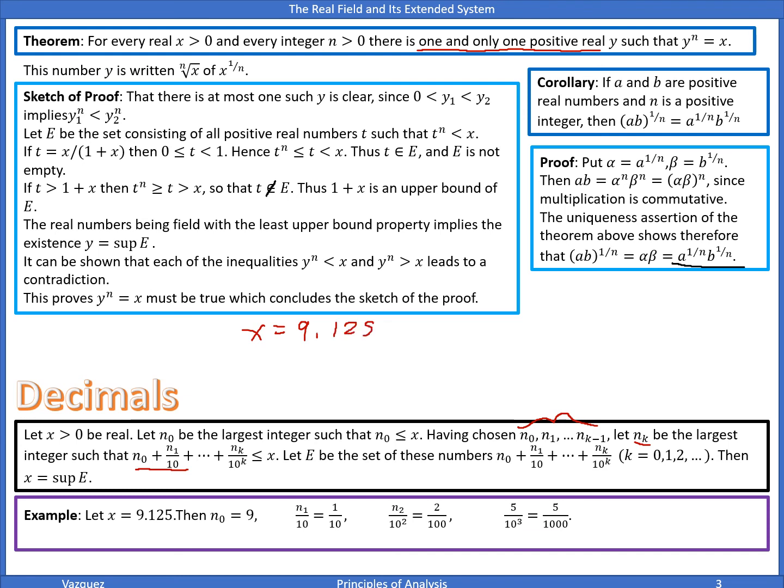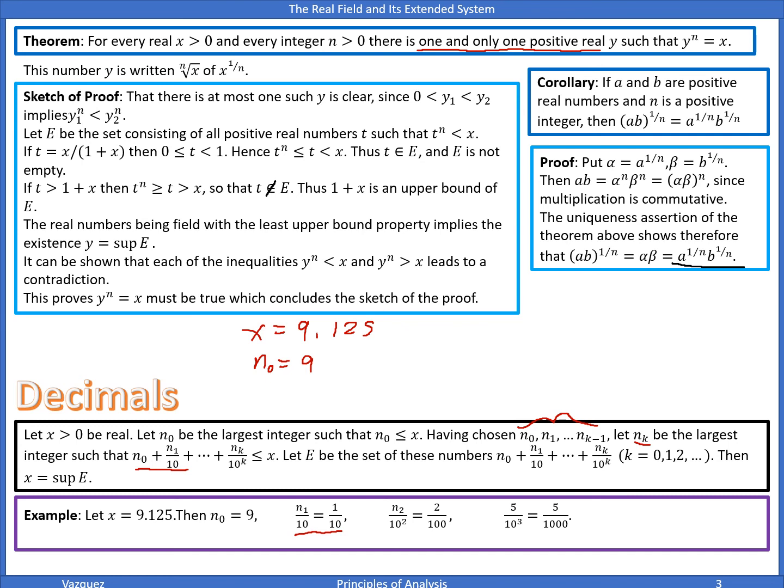So what's the largest integer that's less than or equal to x? Well, 9. So n_0 is 9. Now, n_1 in this case is 1 over 10.